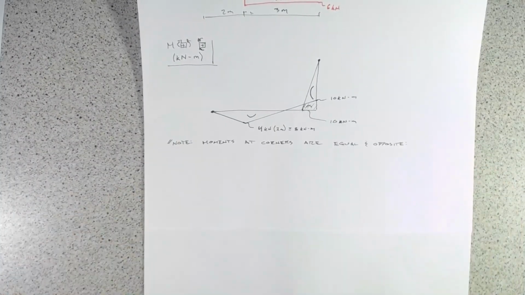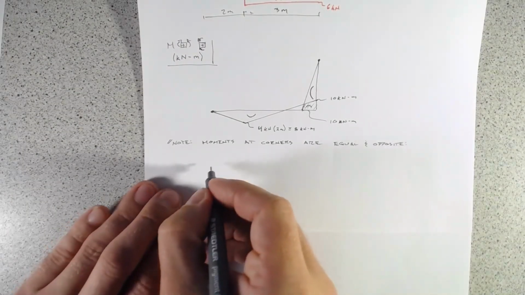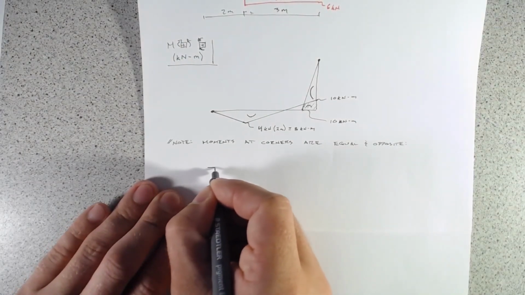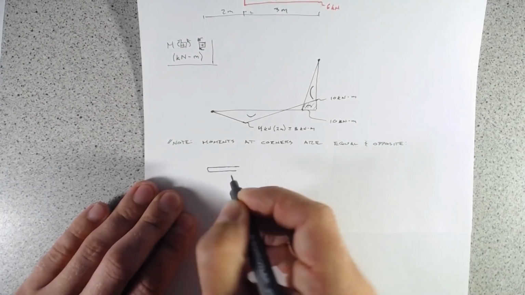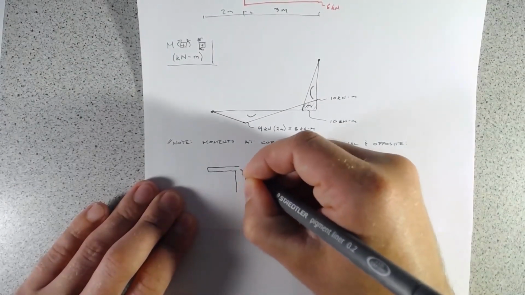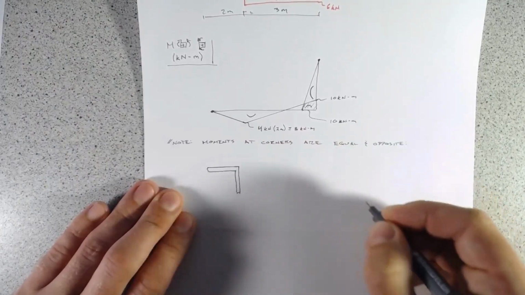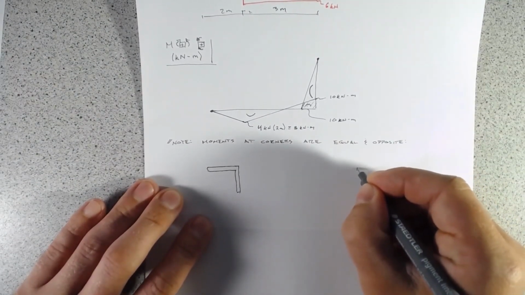And so the way that will manifest itself on a bending moment diagram is if you have a corner and if you only have two elements coming in, I'll draw out two different corners just for two different scenarios that you would see with these bending moment diagrams.